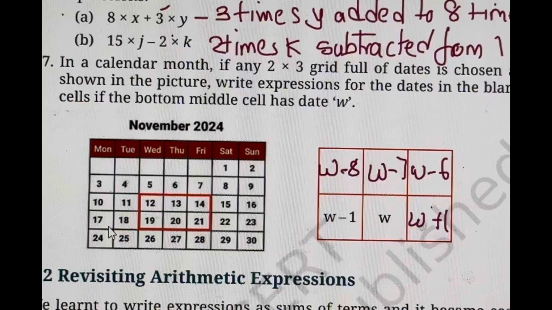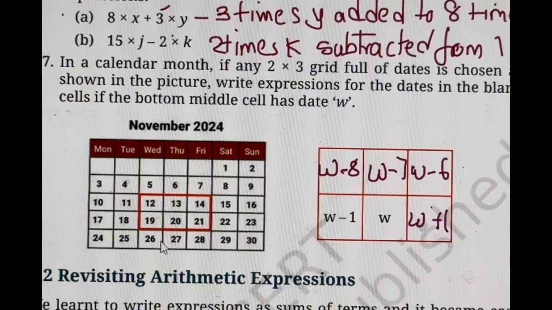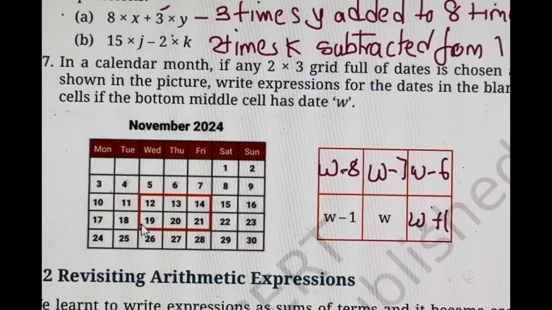So we have seen this particular 2 by 3 grid and written all the expressions related to W. But this will be applicable to any 2 by 3 grid, whichever you pick. Suppose you choose the grid below this, with 19 and 20.